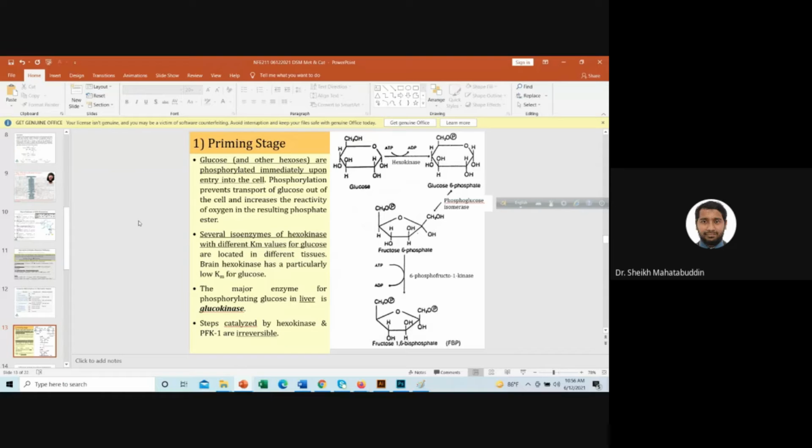Okay, then this phosphoglucose isomerase converts the pyranose form into the furanose form. Okay, what is the furanose form? That means fructose. From glucose, it is converted to fructose.